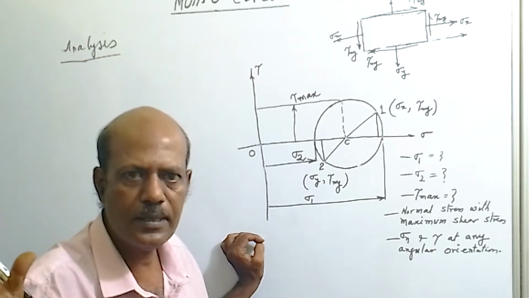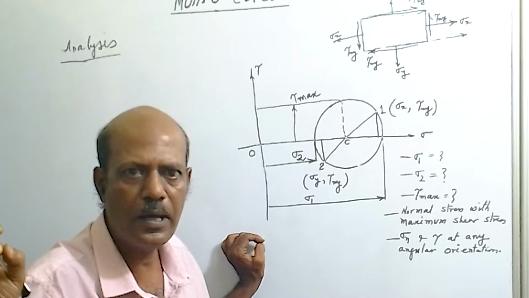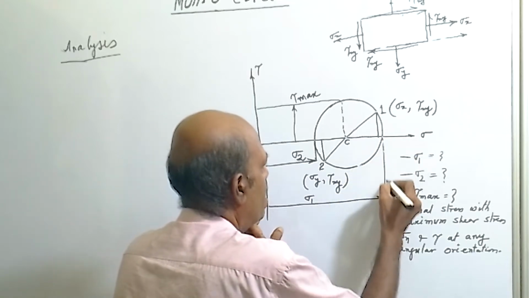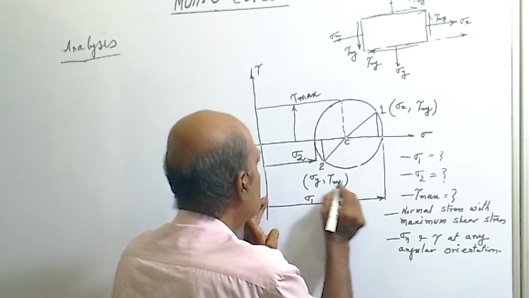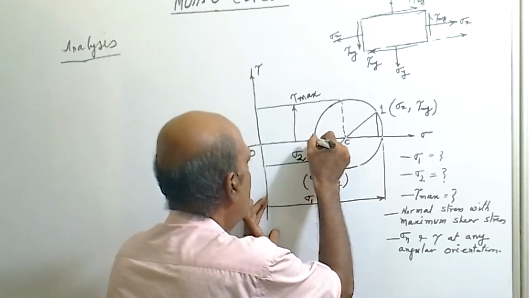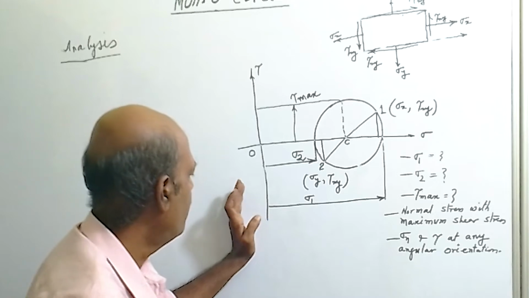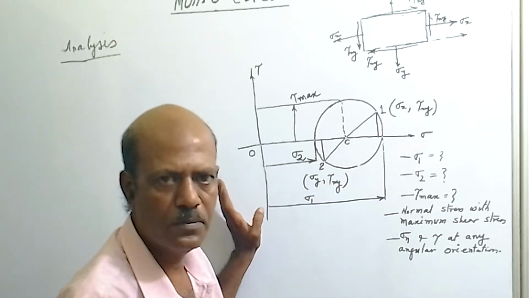Okay, and the normal stress corresponding to this point are known as principal stresses. So as this one is greater one, so it is called major principal stress, and this one is smaller one, so it is minor principal stress. So we have got major principal stress and minor principal stress, sigma 1, sigma 2.